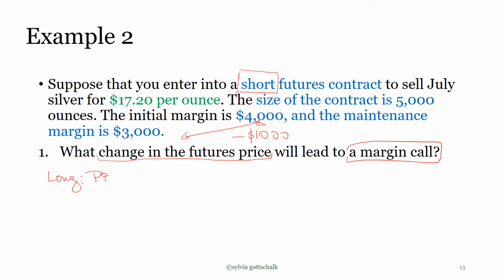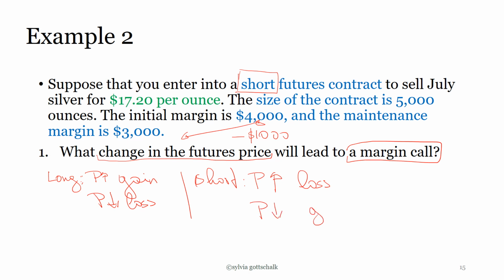So price goes up, the long gains, and price goes down, the long makes a loss. And I also said that a futures market is a zero-sum game. So if somebody is losing, somebody is gaining. So when the price goes up, the short is making a loss. When the price goes down, the short is making a gain. You see, it's the mirror image.